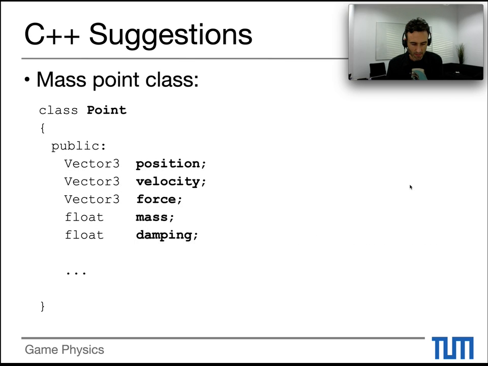Yeah, the mass points for the mass spring system are also quite straightforward. We need to store these key properties. The position, definitely, we need to know where the points are. We need to track the velocity over time, also a very important component.